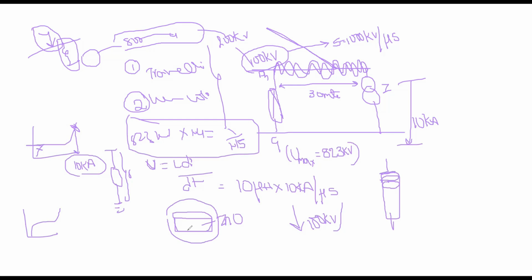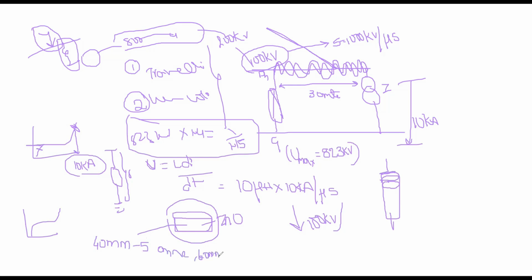Why is this temperature rising? Due to the discharge of the current through it in a single shot. So to know this, we have to also size the metal oxide resistors. They have different sizes, like 40 mm diameter, 50 mm diameter, 60 mm diameter.